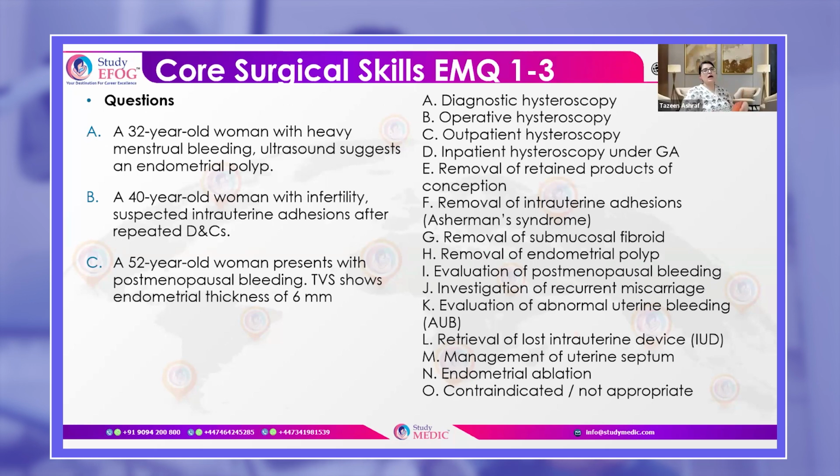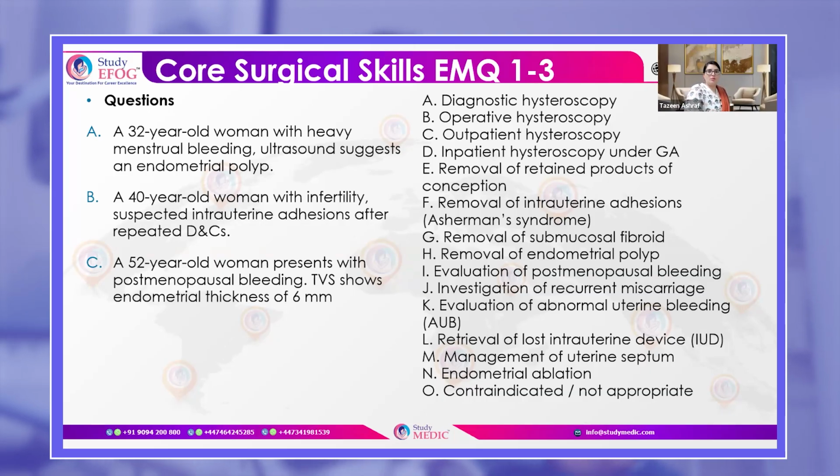Now moving forward to the extended match questions. There are 3 questions and then you are having options, and then we have to see what would be the appropriate answer for these questions. Question 1 says that a 32-year-old woman with heavy menstrual bleeding, ultrasound suggests an endometrial polyp.